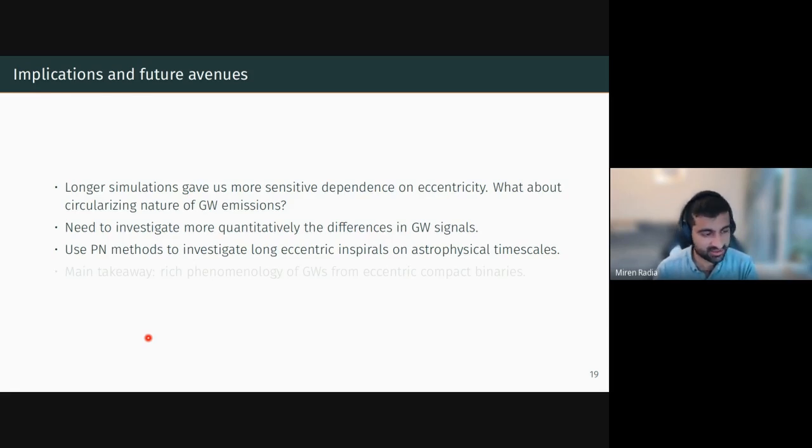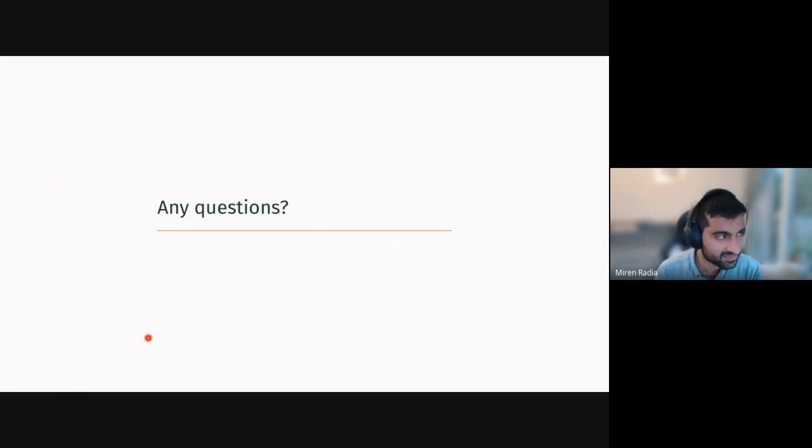Obviously, on astrophysical scales, these simulations were very, very short. I guess the main takeaway from this is that the phenomenology of gravitational waves from eccentric compact binaries is very rich. And with more advanced gravitational wave detectors on the horizon, promising increased sensitivity in certain frequency bands, the need to understand this phenomenology better is only going to grow.